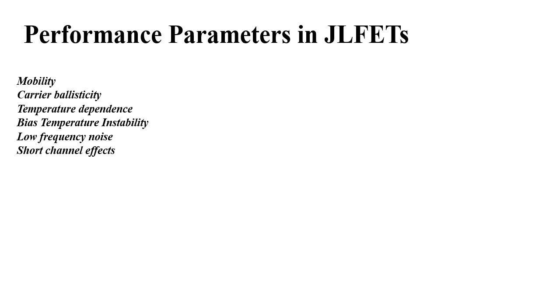All these mobilities are temperature dependent, and if the temperature rises, mobility is again degraded to some extent. Bias temperature instability is related to basically the degradation of gate oxide. It is very less in the junctionless FET, because junctionless FETs are not that sensitive to bias temperature instability, or gate oxide degradation, due to the fact of bulk conduction of the current.